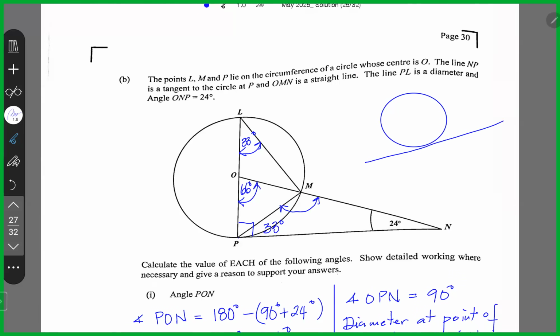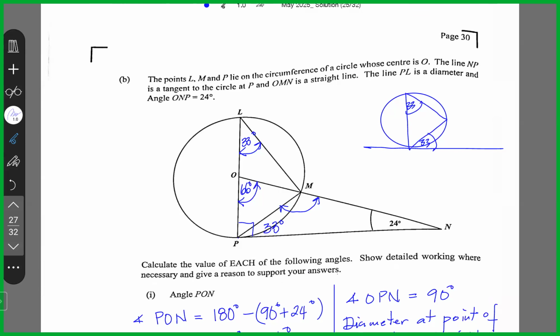If that's my tangent, this is my tangent. If this is 33, this is also 33, because the angle between the tangent and the chord at the point of contact P is equal to the angle in the alternate segment.